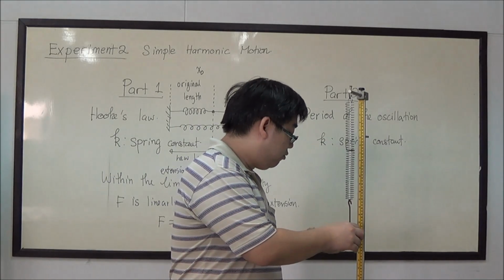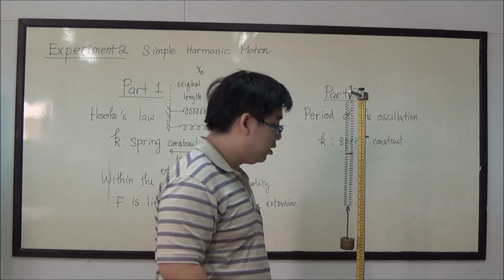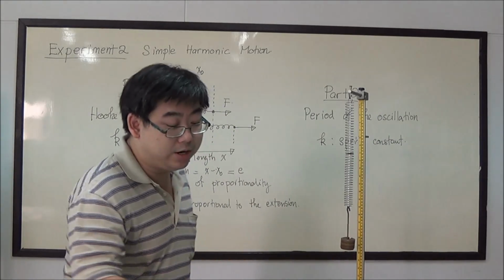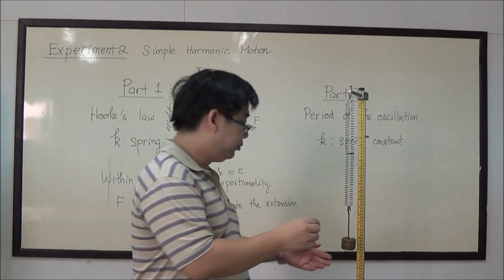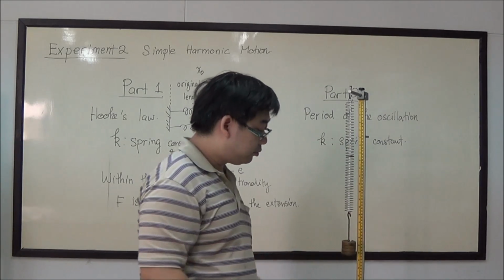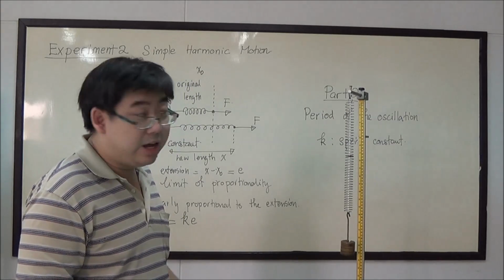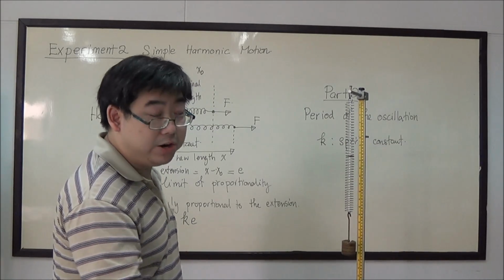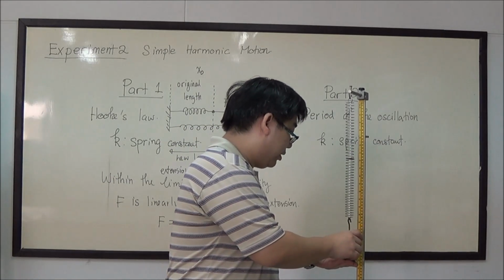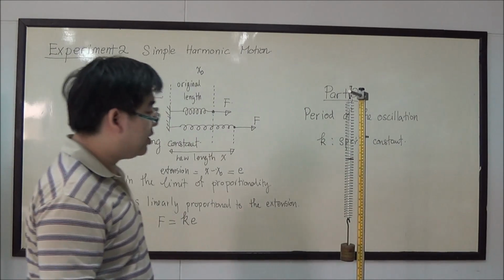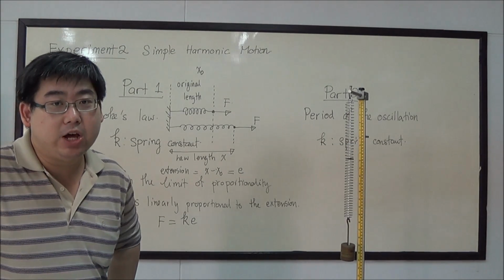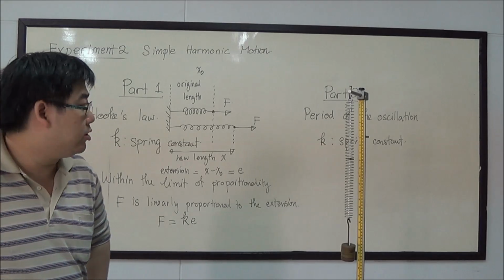And then I put the third one, the spring is going to extend more, and then I'm going to measure the new length of the spring, and then I put the fourth one, and then I record the new reading of the spring, and again I put the last one. And then I record the new reading of the length of the spring.